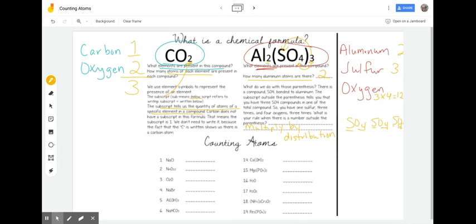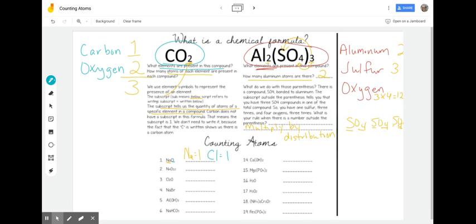So let's start off here. You don't have to write the names of the atoms. You're just counting. So for this first one, you have Na to begin with, a capital and a lowercase letter. So Na, there's no number, so we know it's 1. All right, we have Cl. That is an L, not a capital I. Cl, there is 1.